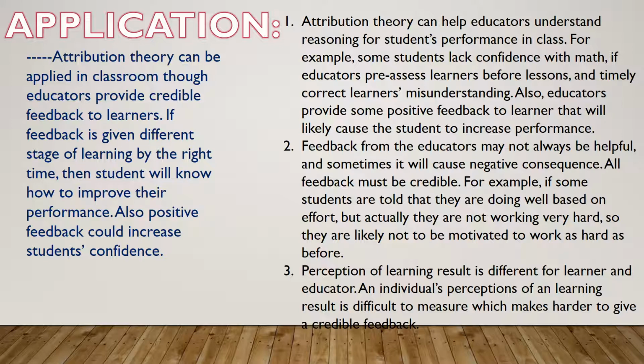For example, if some students are told that they are doing well based on effort, but actually they are not working very hard, they are likely not to be motivated to work as hard as before. The reason for that is an individual's perception of a learning result is different and difficult to measure, which makes it harder to give credible feedback.